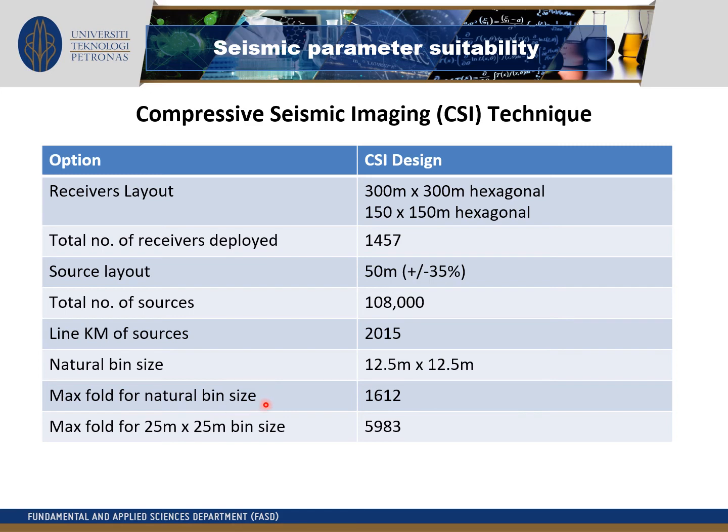Max fold for natural bin size, 1612, and max fold for 25 by 25 bin size is 5,983. Again, these parameters depend on the data that we're looking at, and these parameters are deemed suitable for Deepwater Sabah, as Deepwater Sabah spans over a huge area of interest.